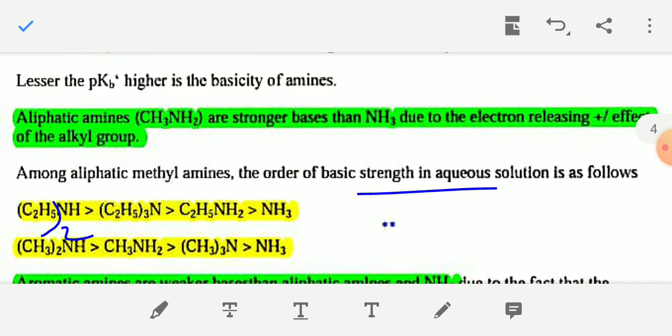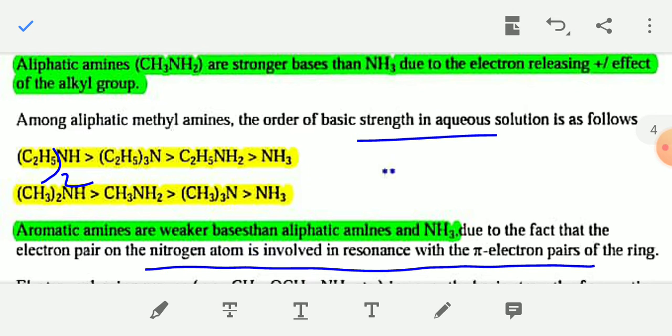The basic strength of aliphatic amines in gaseous medium is 3 degree amines greater than 2 degree amines greater than 1 degree amine. But in aqueous solution, the basic strength of different aliphatic amines is different. Generally, in aqueous medium, 2 degree amines are the strongest base.